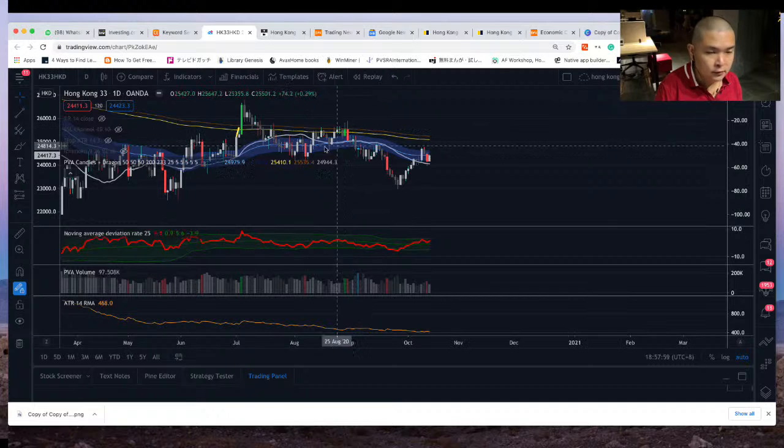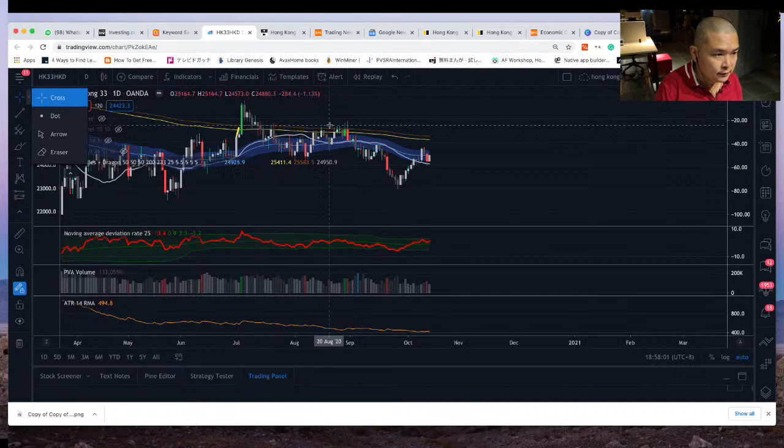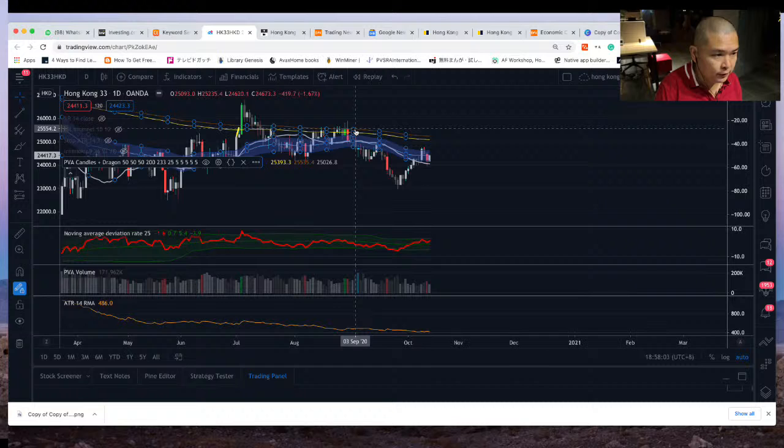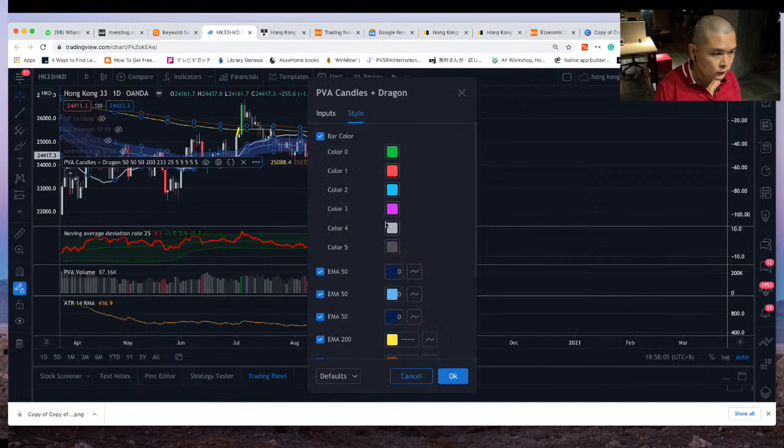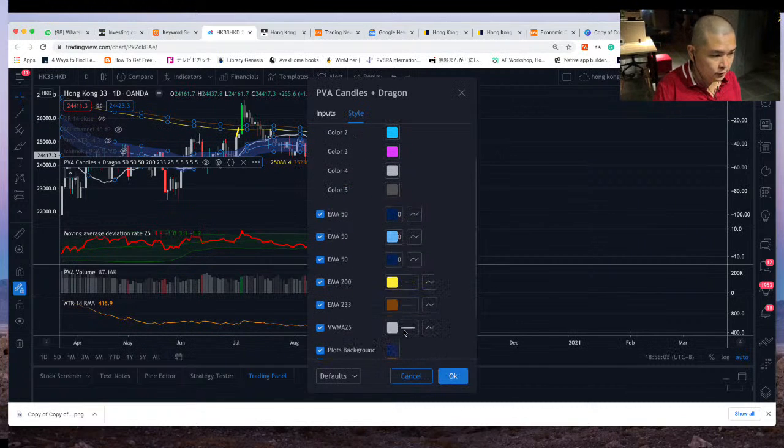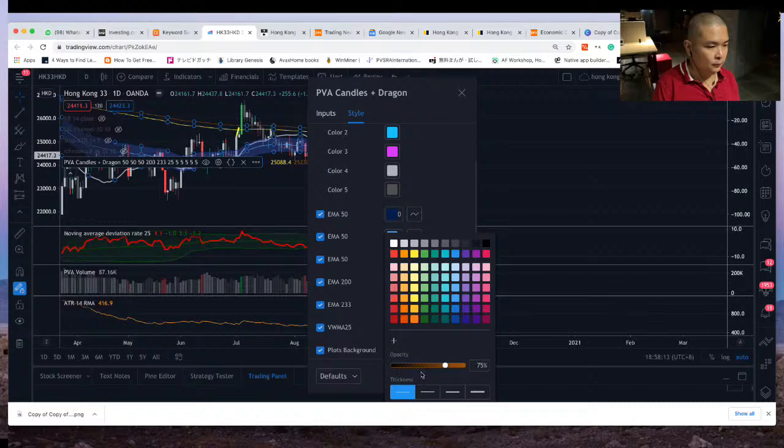If you can see this dark yellow line, it's more like a brown color line. Let me make it thicker so you guys can see it better.